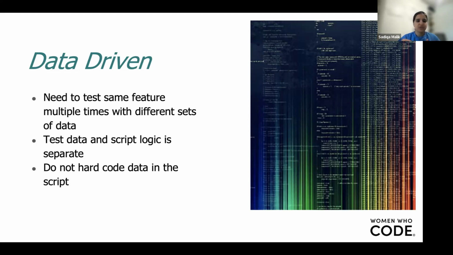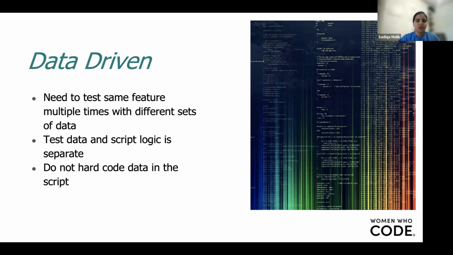So those kind of things. You're basically writing just one script, and then you have a test data set. It could be a text file, a CSV, an Excel sheet, or a database, anything. And your script is going to connect to that data set and then run the script for all this data and give out the result, right?